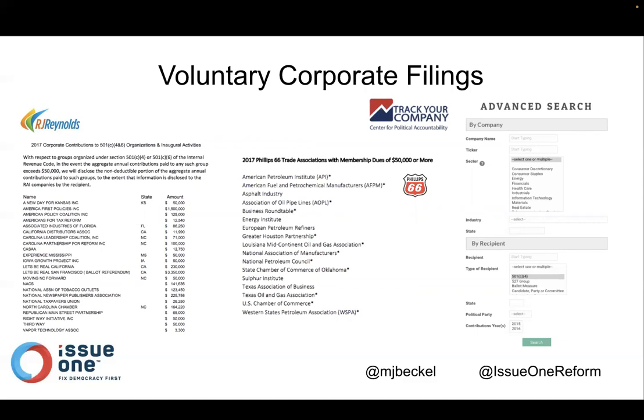And in the last decade, since Citizens United, there's been a bigger and bigger push for more companies to take more voluntary steps to publish information about their political giving.